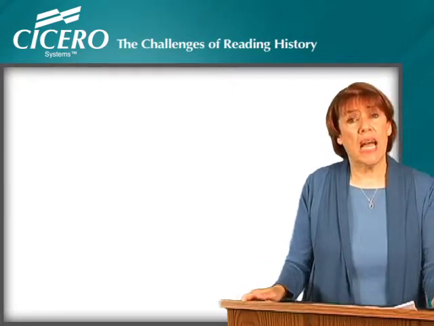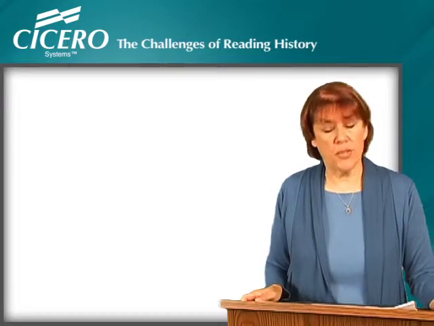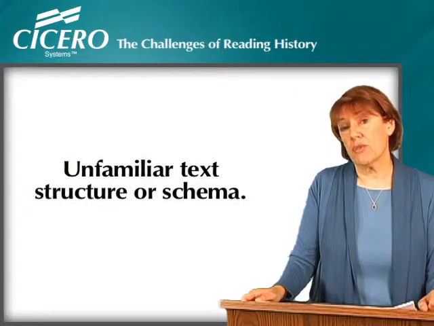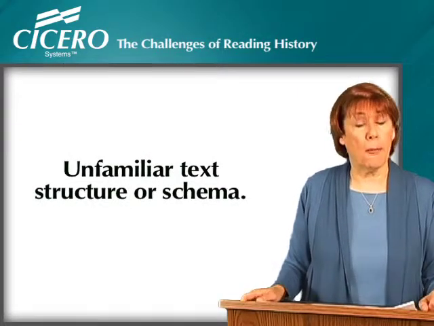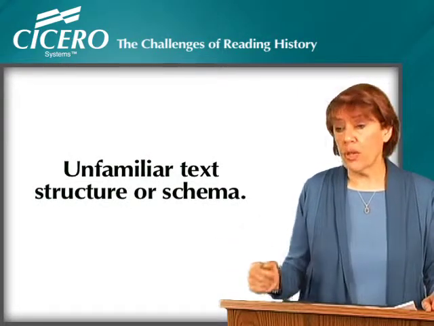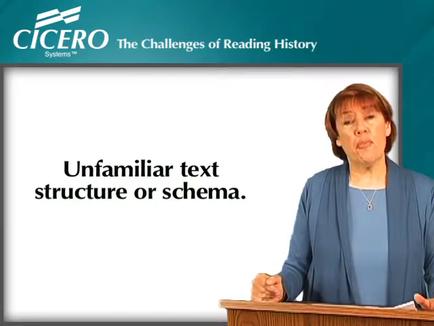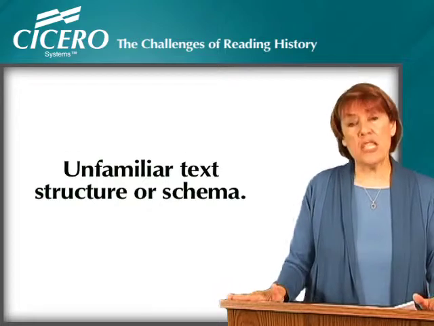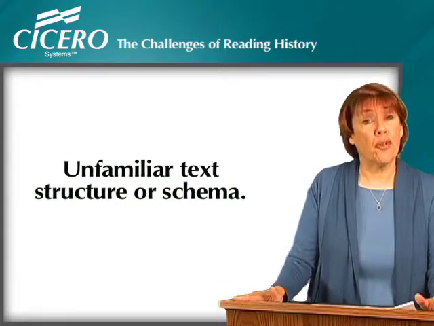The second challenge that I found with my students, and you may find with yours, is that they're unfamiliar with the text structure, or what we call schema. And as I said earlier, kids are very familiar with how fiction is organized. Informational text is organized very differently.